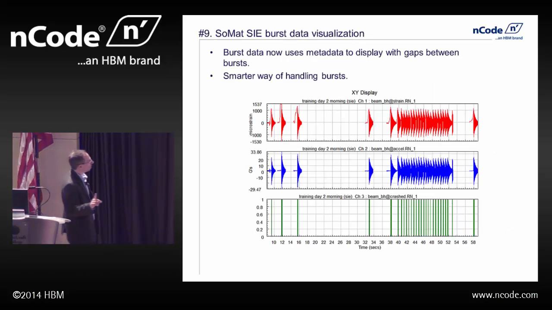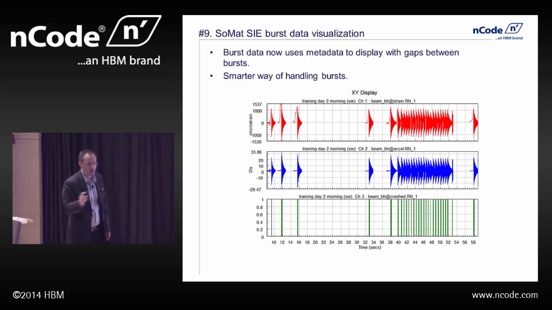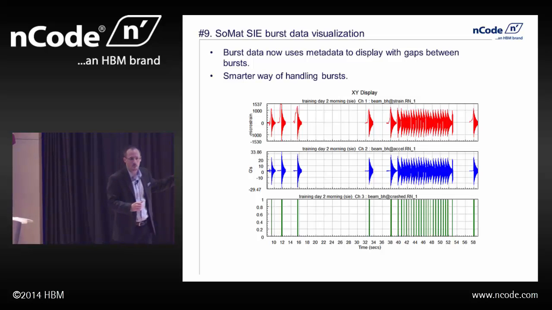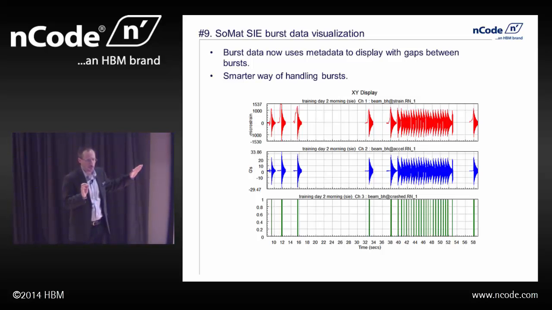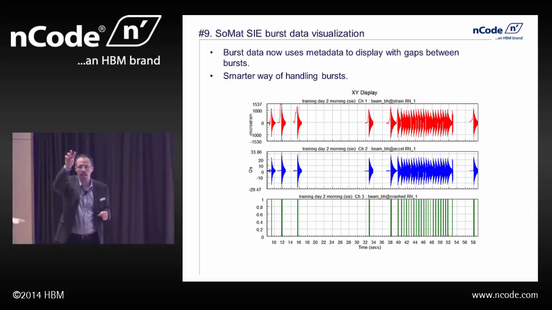This is one that I think, again, if you're using SoMat for data acquisition, you may find useful. SoMat's hardware has some great run capabilities, burst triggering type capabilities. We've often struggled, or in the past we've struggled, on how best to display that in GlyphWorks. We've actually bit the bullet in this release and we're displaying it properly. If you've got burst data in your SIF file, you'll see a new folder appearing, called burst data. So we split it out and stick it in a burst channel separately.